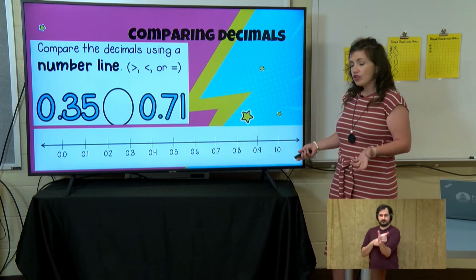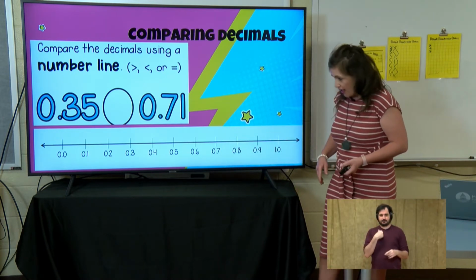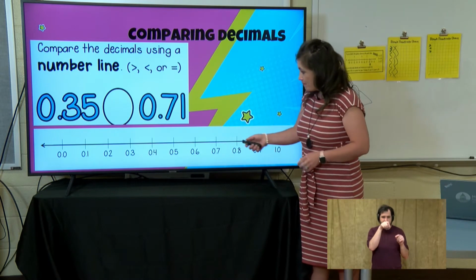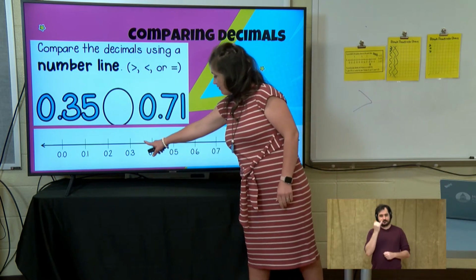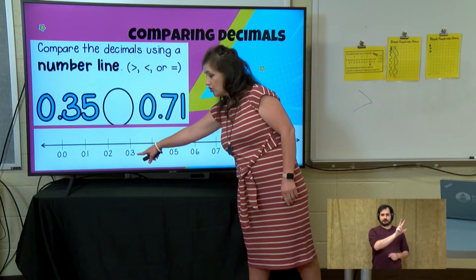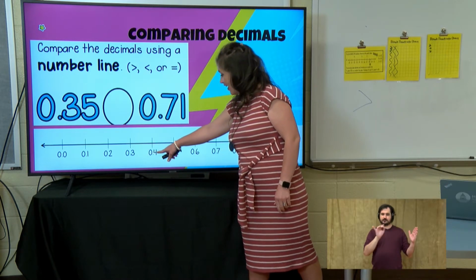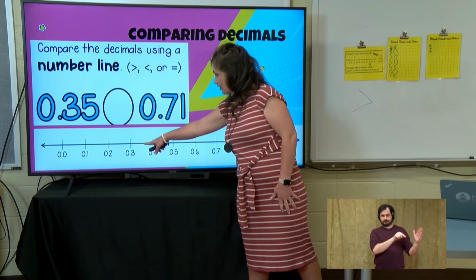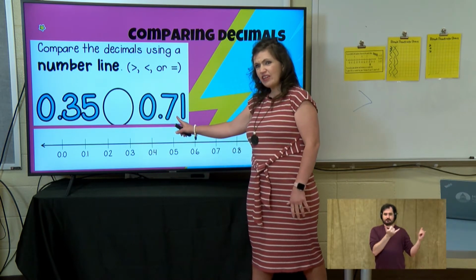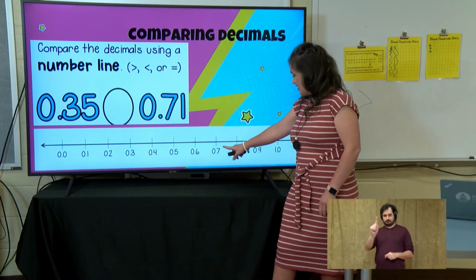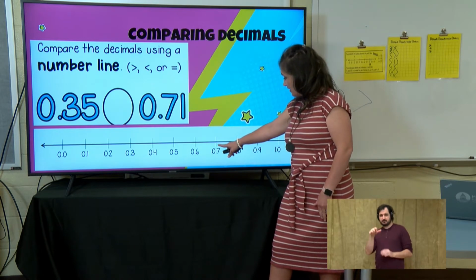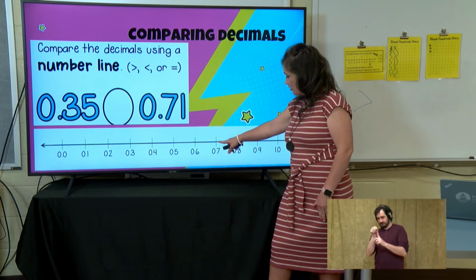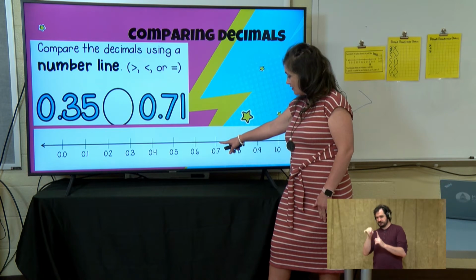So if I have 35 hundredths, I know that 35 hundredths is going to be right in the middle of 3 tenths and 4 tenths. So that's going to be right here. Well, let's look at 71 hundredths. It's going to be past 7 tenths. It's going to be one little mark past 7 tenths.